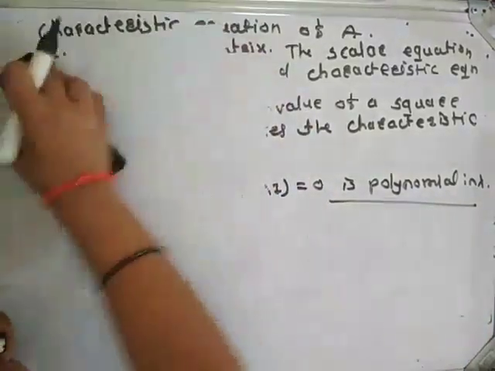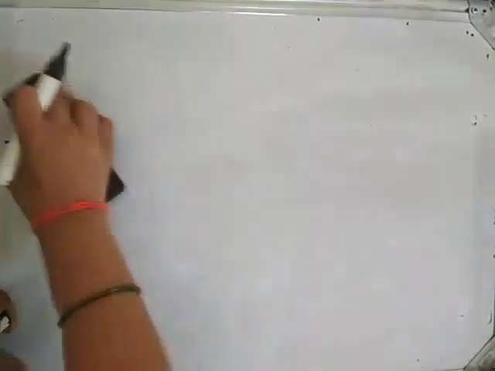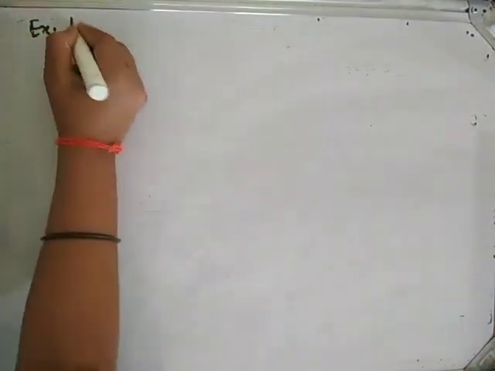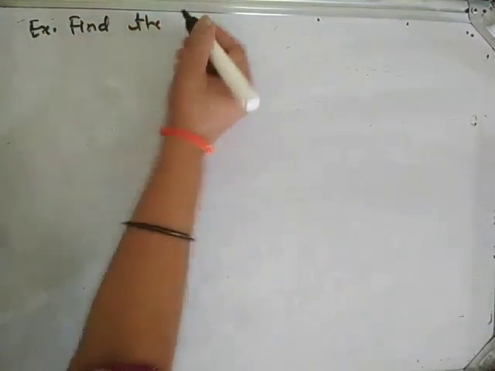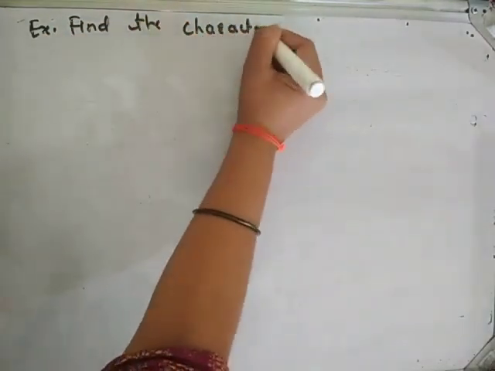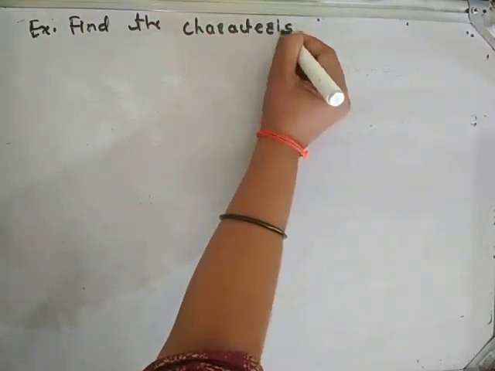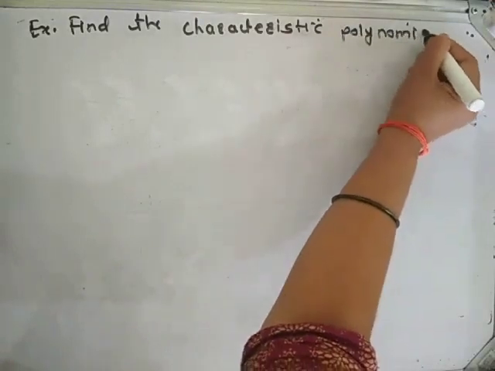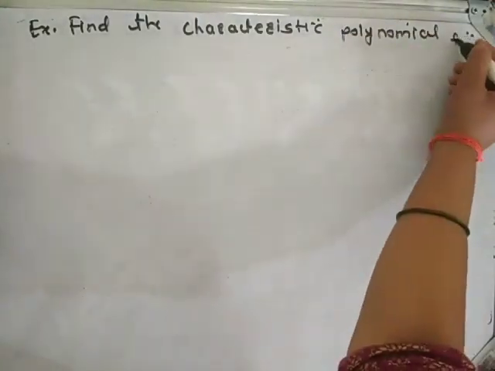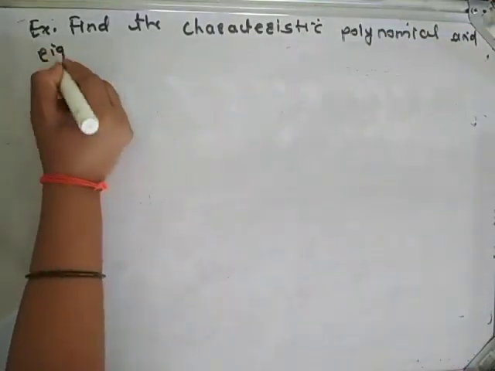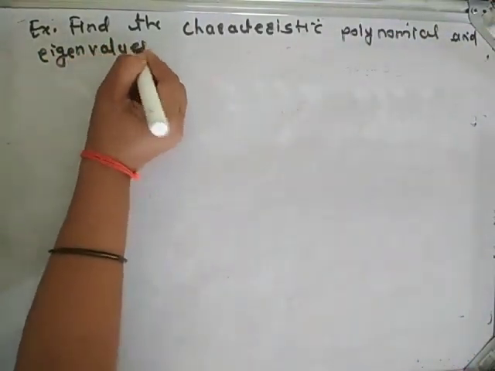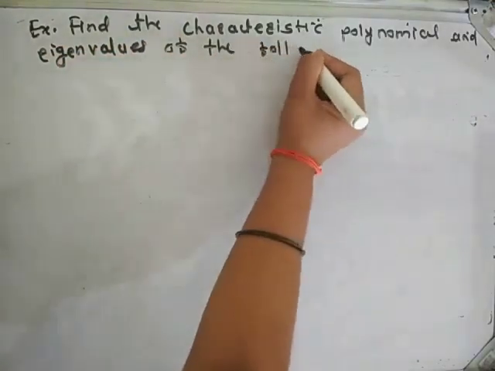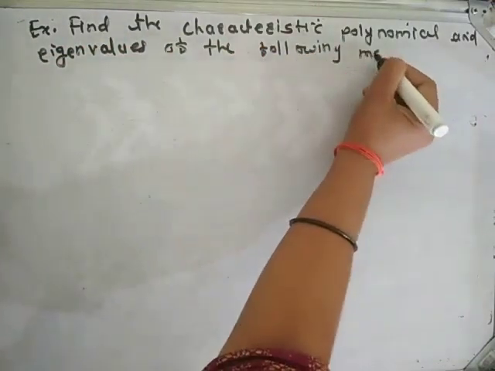Let us see examples. Example: Find the characteristic polynomial and eigenvalues of the following matrices.